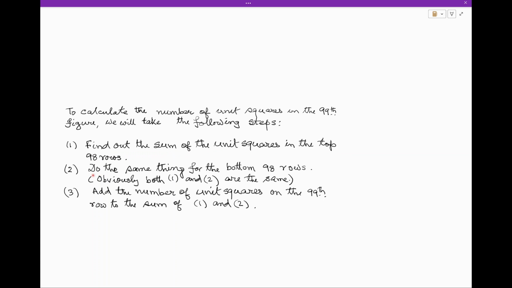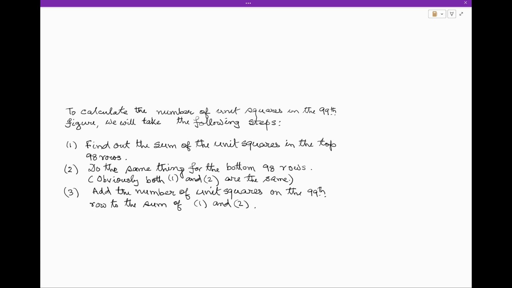Then do the same thing for the bottom 98 rows. Obviously, the sum of the unit squares in the top 98 rows and in the bottom 98 rows will be the same. Therefore, both 1 and 2 would yield the same result.